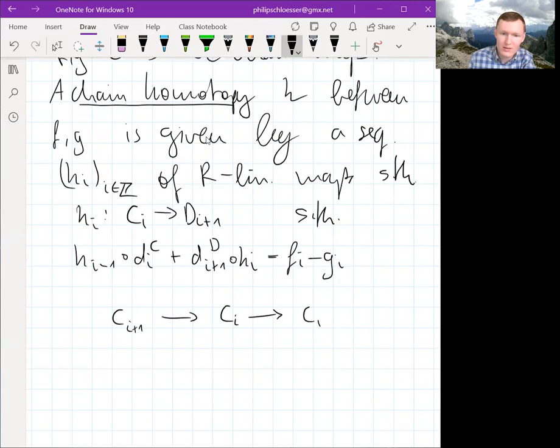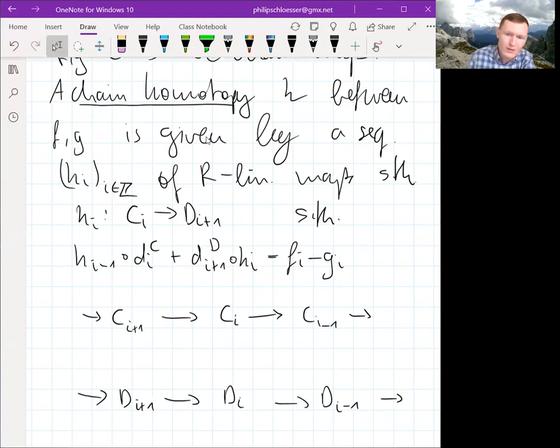C_{i-1}, D_{i+1}, D_{i-1}, and we have f_{i+1} and g_{i+1}, all of them going downwards.